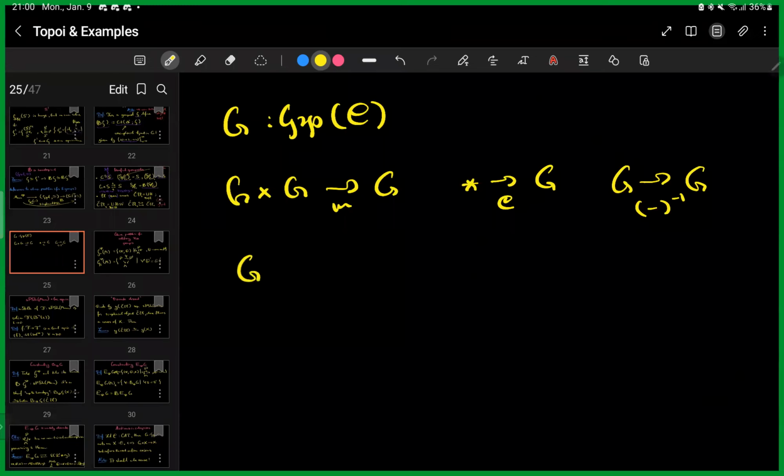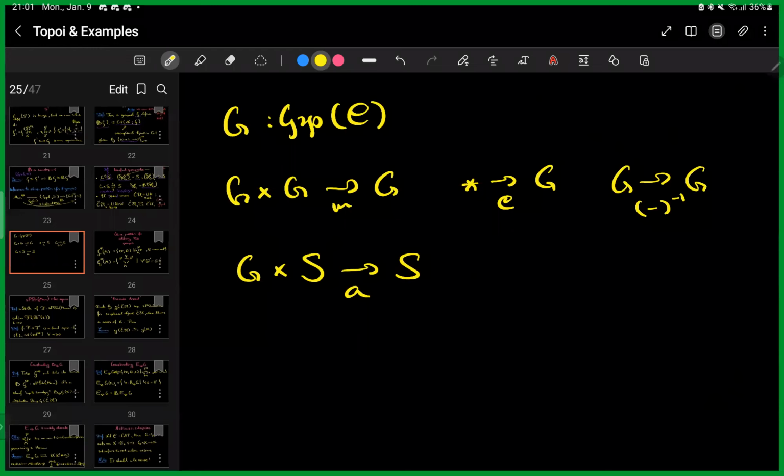Obviously, if we have a group object and we have another object in our category S, then we can define what an action is. So an action is just a morphism which is compatible with these structure maps.